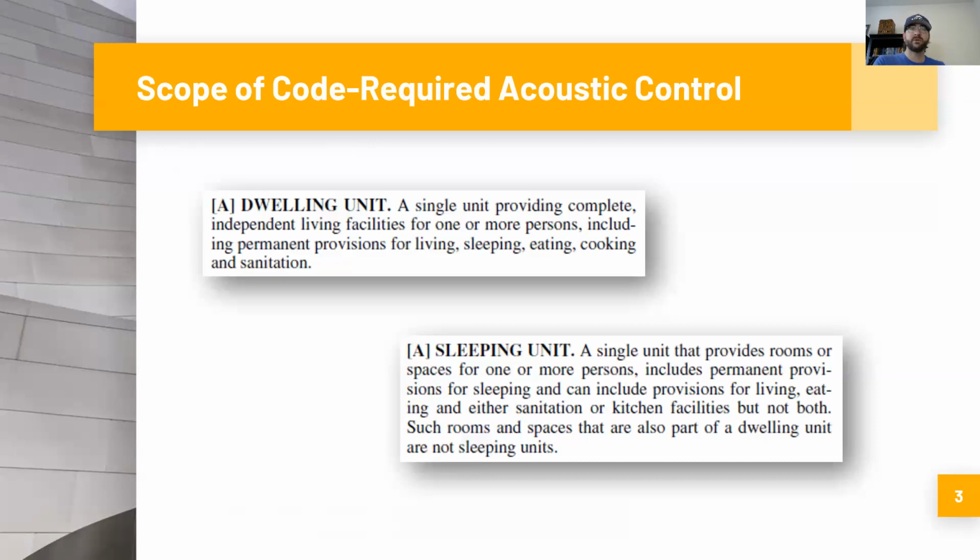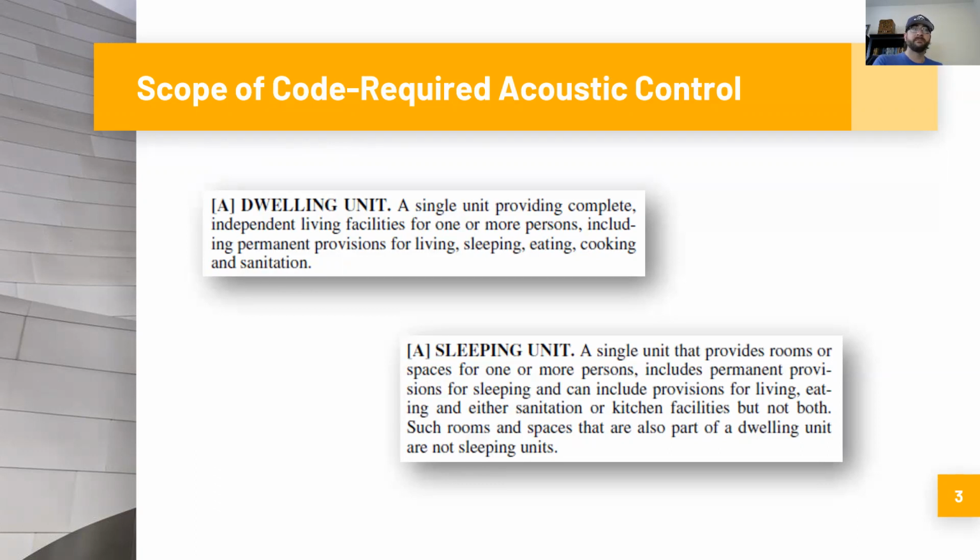So think about a studio apartment with a communal kitchen or something like that. We don't see that as much nowadays as used to be the case. But something like that, or think about a nursing home or an institutional type occupancy, or even a hospital where you've got patient rooms, but there are no kitchens, and you're not really intended to be preparing food in rooms like that. That would be considered a sleeping unit.